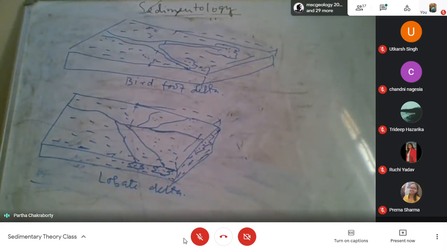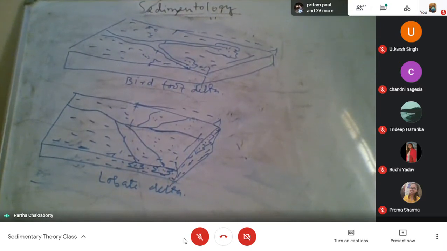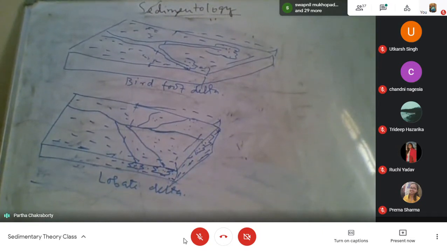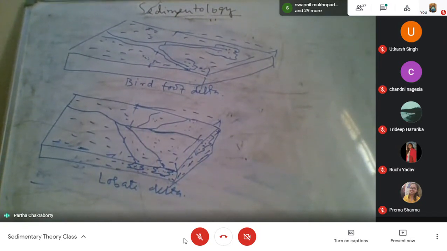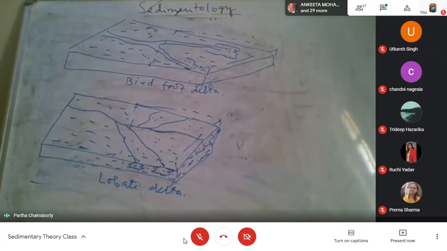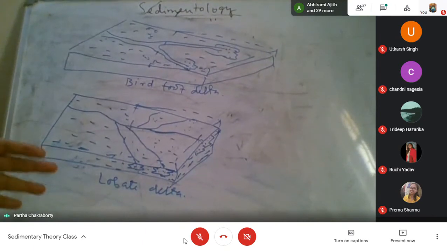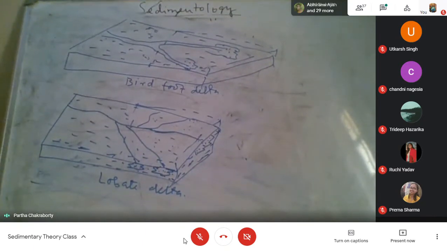But let me tell you the dimension of this. In the case of the Mississippi Delta, which is a lobate delta, because of the switching of the Mississippi River to different positions within its own river valley, 7 different lobes were formed.